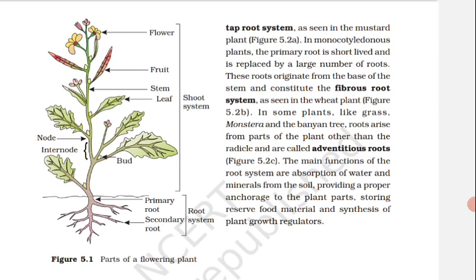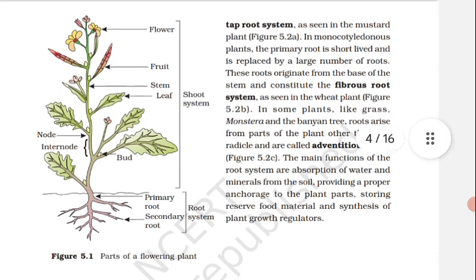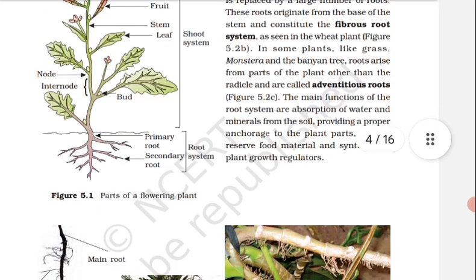The cells of this region are very small, thin-walled and with dense protoplasm. They divide repeatedly. The cells proximal to this region undergo rapid elongation and enlargement and are responsible for the growth of the root in length. This region is called the region of elongation.